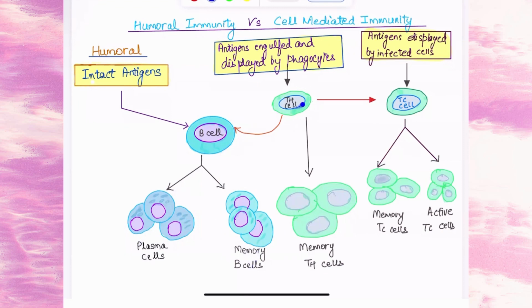Also, they themselves get differentiated into T cytotoxic cells and memory T helper cells. These T cytotoxic cells further get differentiated into memory T cytotoxic cells and active T cytotoxic cells. The role of the T helper cell is to communicate with the B cell and lead to antibody formation. The role of the cytotoxic cell is to kill the cells which are infected with the pathogen, or the pathogen itself.